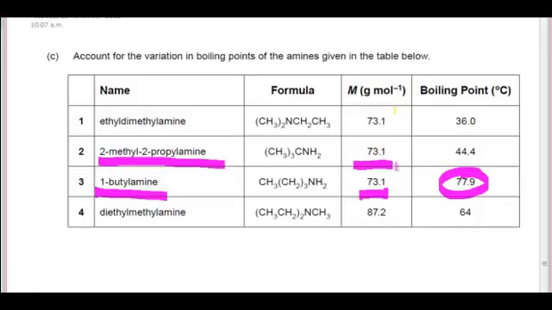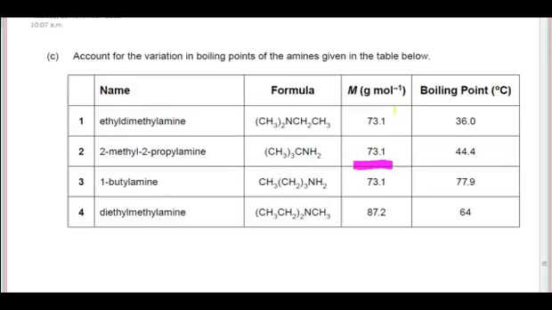They both have the same molar mass, but if we look at this one, it's got 3 methyl groups with the amine group, and there's obviously going to be a lot more branching going on in this one. That's made it a bit of a mess to see, but this one will have less branching. So the fact that this can pack closer together means that it's going to have a stronger force of attraction, and it's going to have a higher boiling point. It'll take more energy.